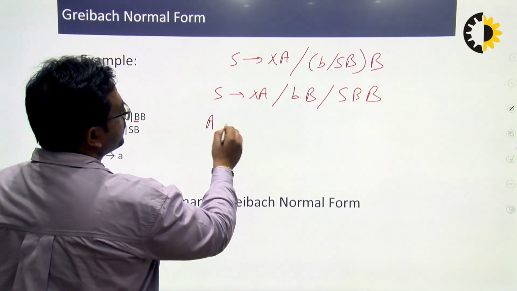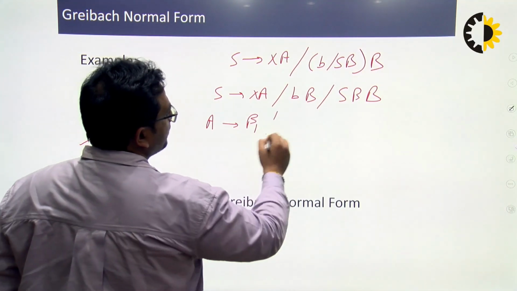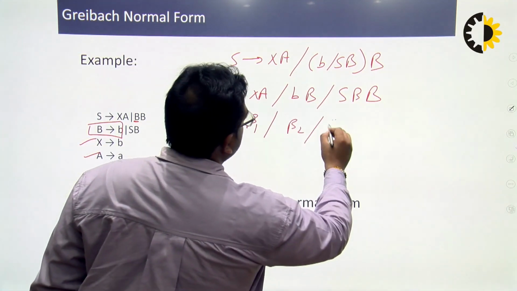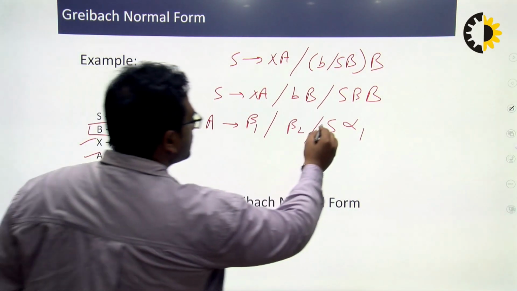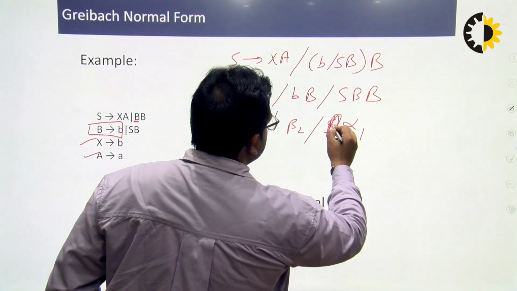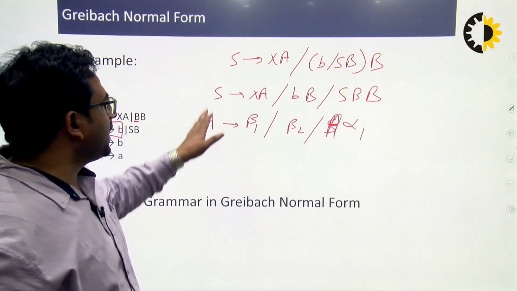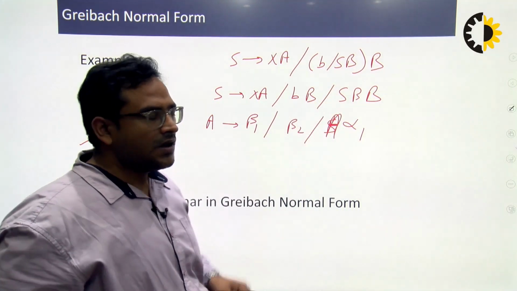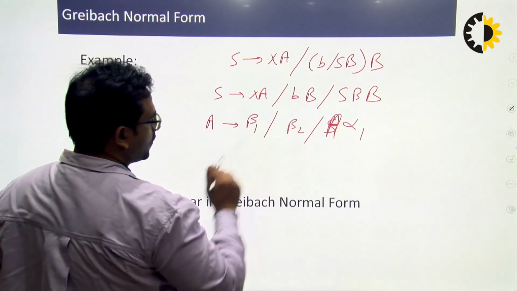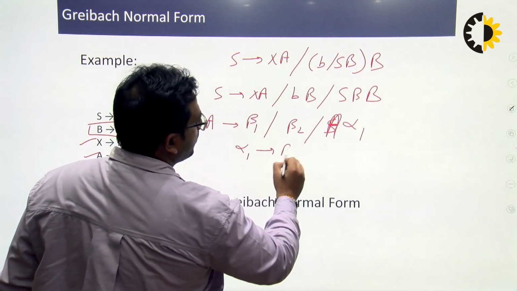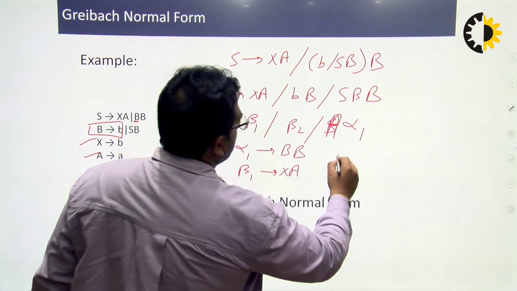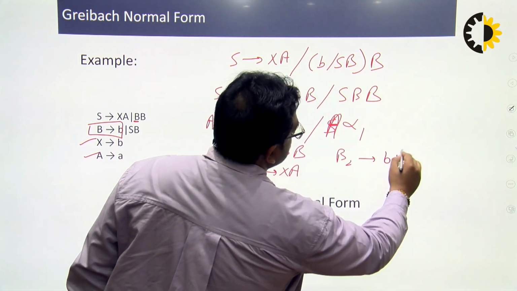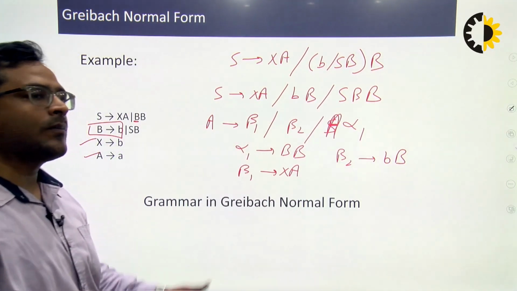If we compare this with A tends to A alpha 1, beta 1, beta 2, it is in left recursion form. Here alpha 1 is BB, beta 1 is XA, and beta 2 is B. Now you can apply the left recursion.